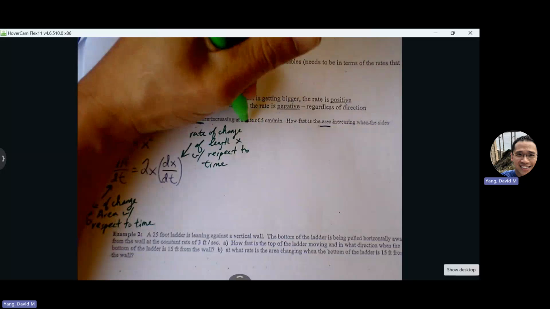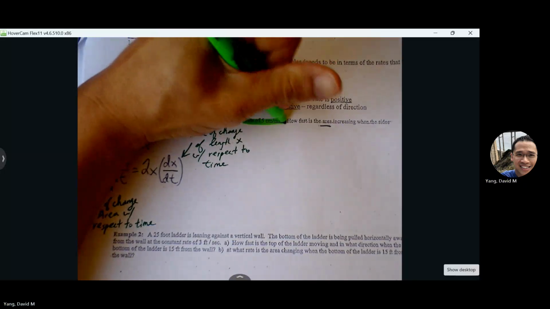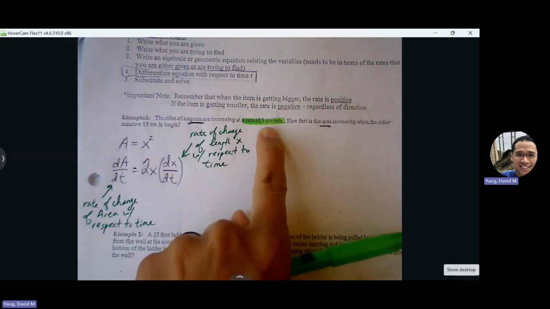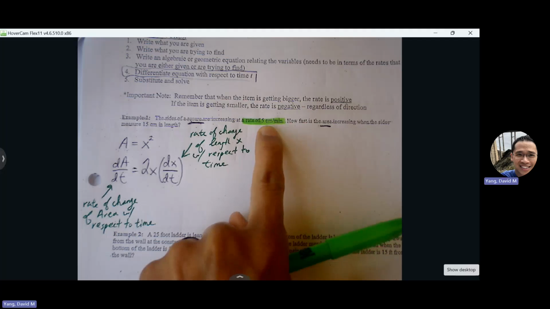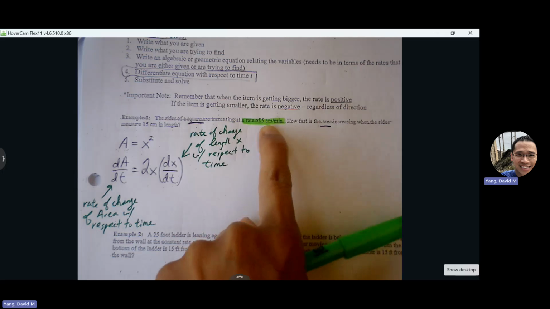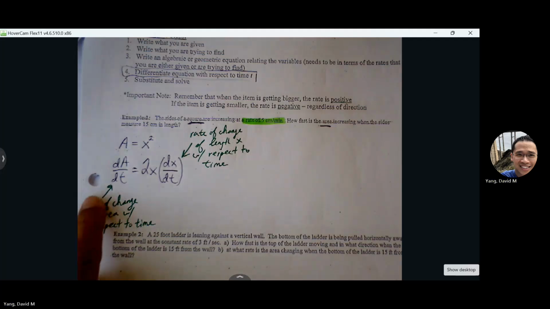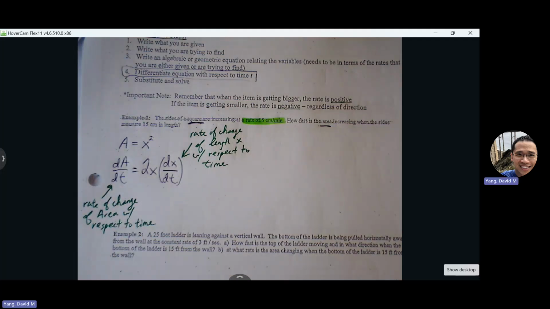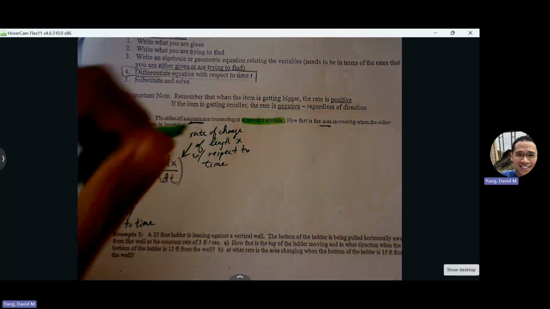So anytime there's a time component, you know that it's got to be something over dt. So if I'm trying to describe the rate of change of the side here, guess what that 5 centimeters per minute is going to represent? Which one? Is it dA dt, is it x, or is it dx dt? dx dt, yeah. So it's going to represent this piece here.